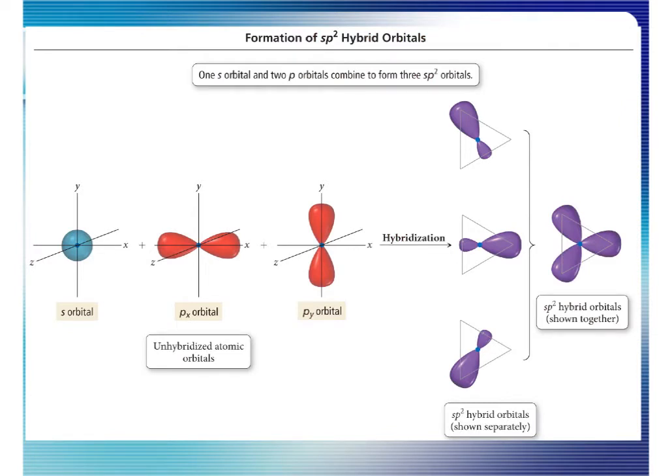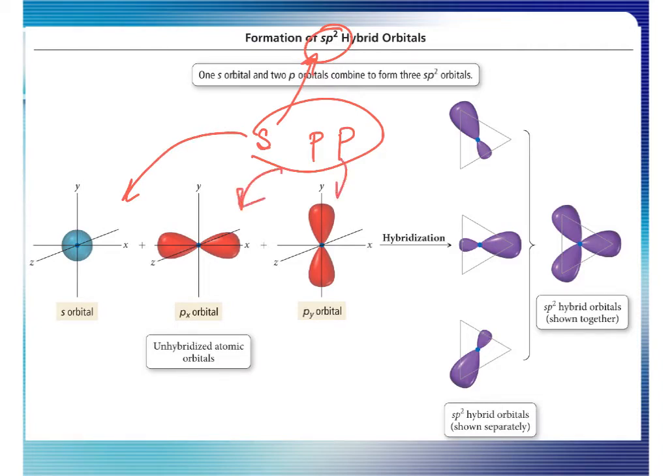Let's look now at sp2 hybridization. So hopefully you understand the naming or the symbol we use for hybrid orbitals now. That suggests to us that the sp2 hybrids are made from 1 s atomic orbital and 2 p atomic orbitals, okay? So here's the 1s, here are 2 of the p's, okay?